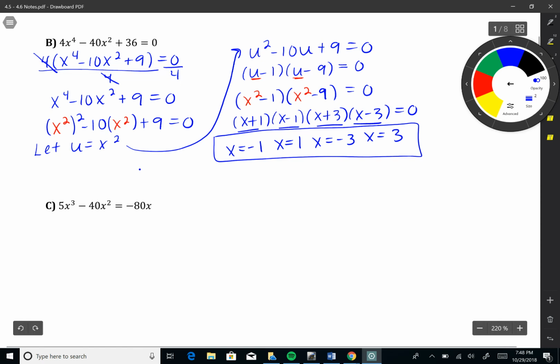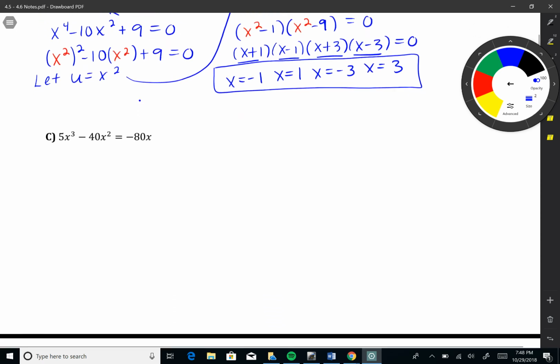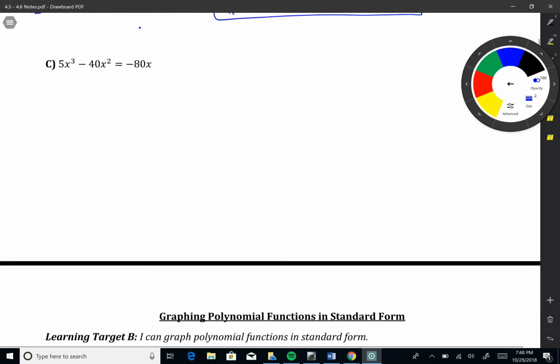And finally, let's look at letter C. 5x cubed minus 40x squared equals negative 80x. The first thing I hope you know is that we have to set this equation equal to 0. After all, we are finding the zeros, and in order to factor, we need it set equal to 0. So I'm going to add that negative 80x over here with my other terms.